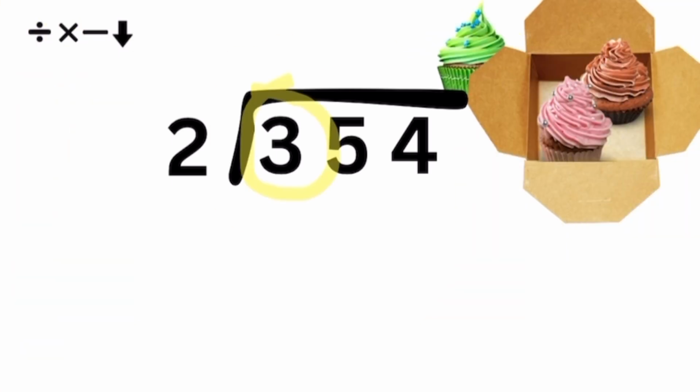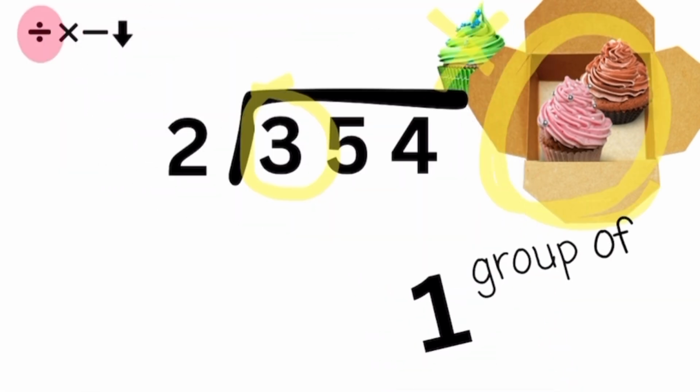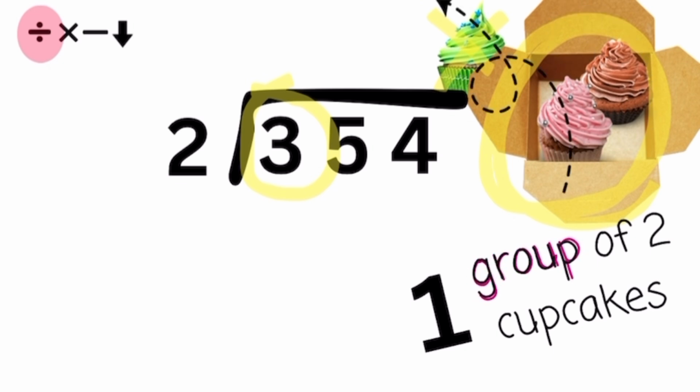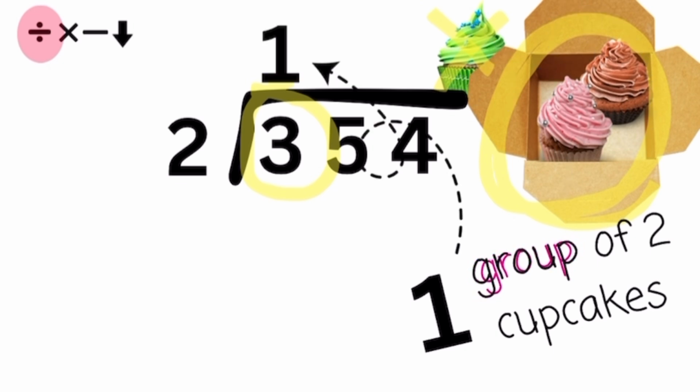Take that 3 and try to see how many groups of 2 can fit into it. Only 1 can go in. I take that 1 and I write it directly above that first digit, the 3.